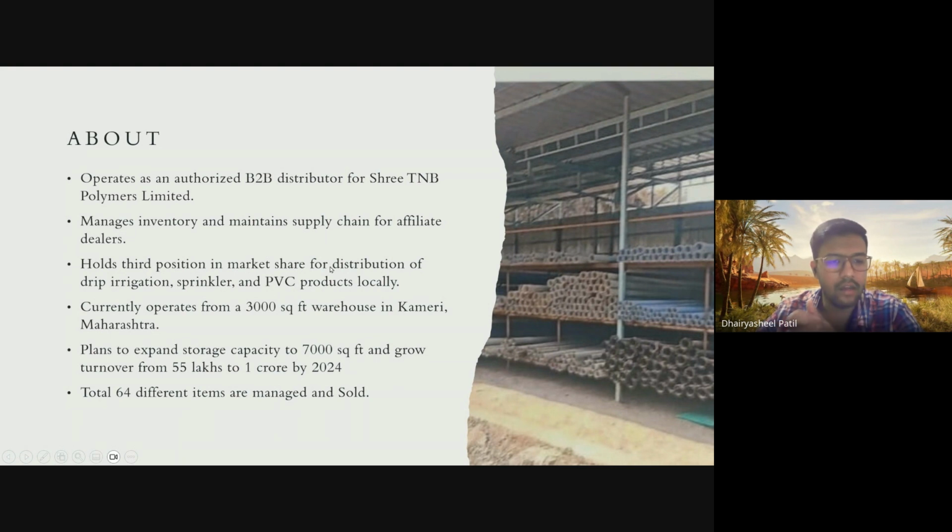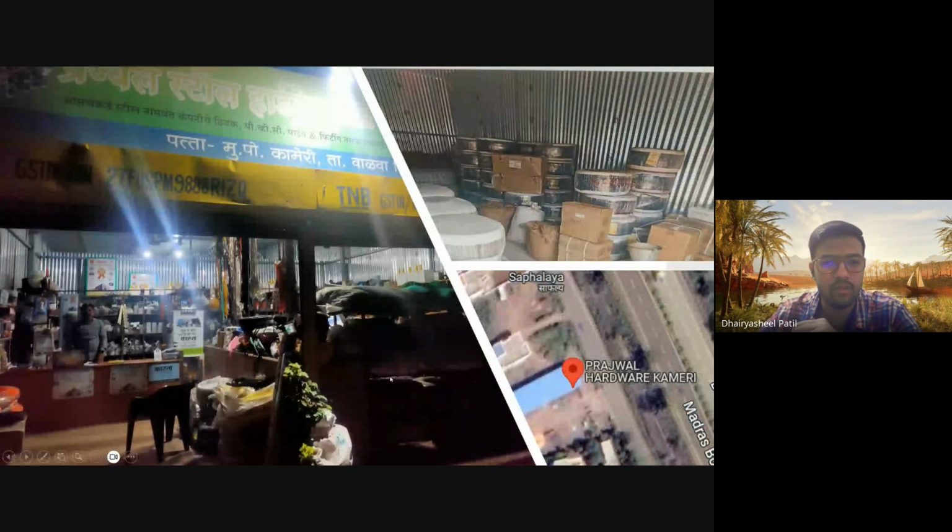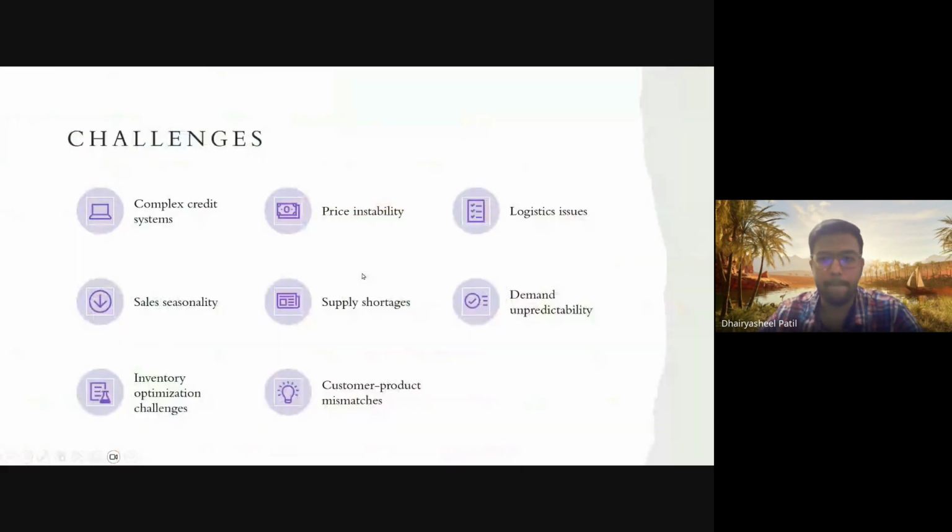There were 64 different items they managed and sold. These are some images you can see. This is the owner, Prakash More.